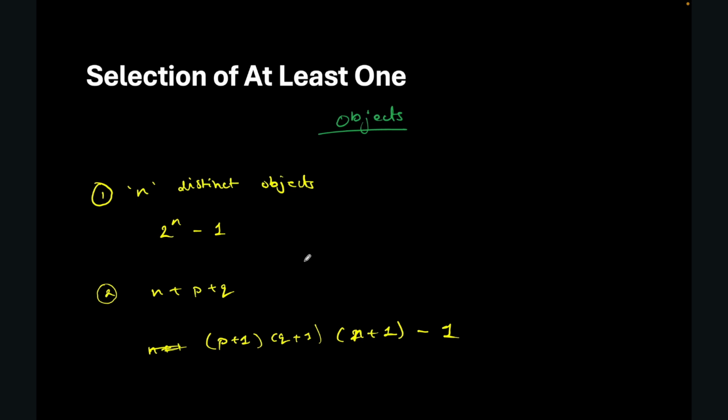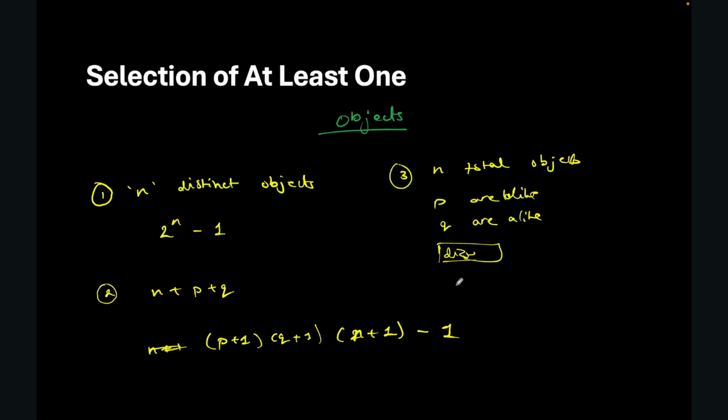Or if you have, let's say, a third situation where you have n total objects, p are alike, q are alike, and the remaining are distinct, right?